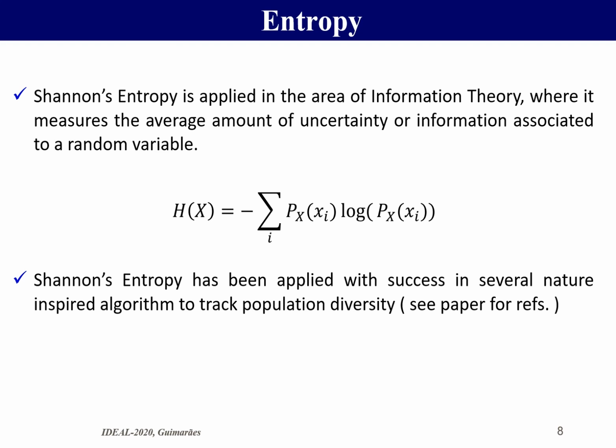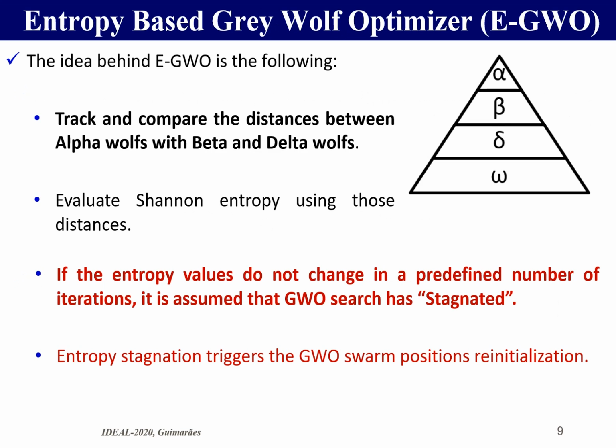Then we have the Shannon entropy. The Shannon entropy has been used in information theory, and it has also been used in several nature-inspired algorithms to track the population diversity. You can see the paper for more references about this. So what is the idea behind the entropy-based Gray Wolf Optimizer? We are going to use entropy to track and compare the distance between the alpha wolf and the beta and delta.